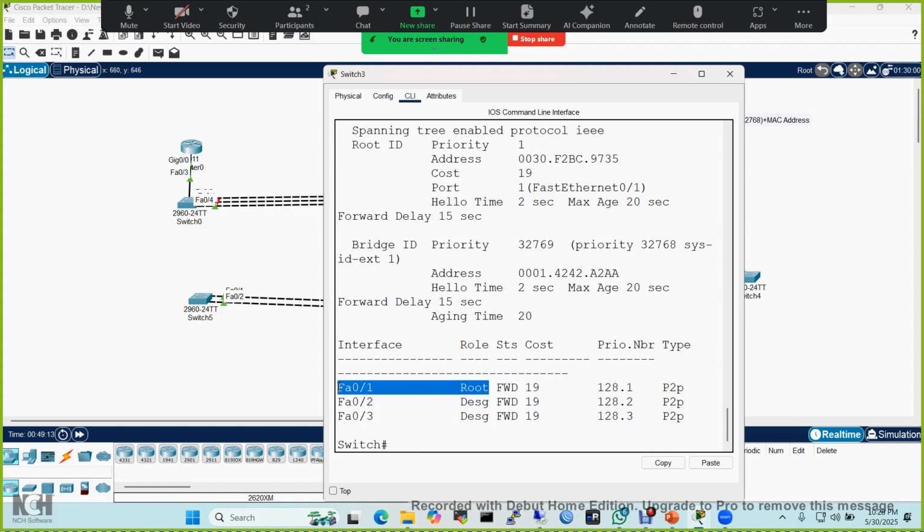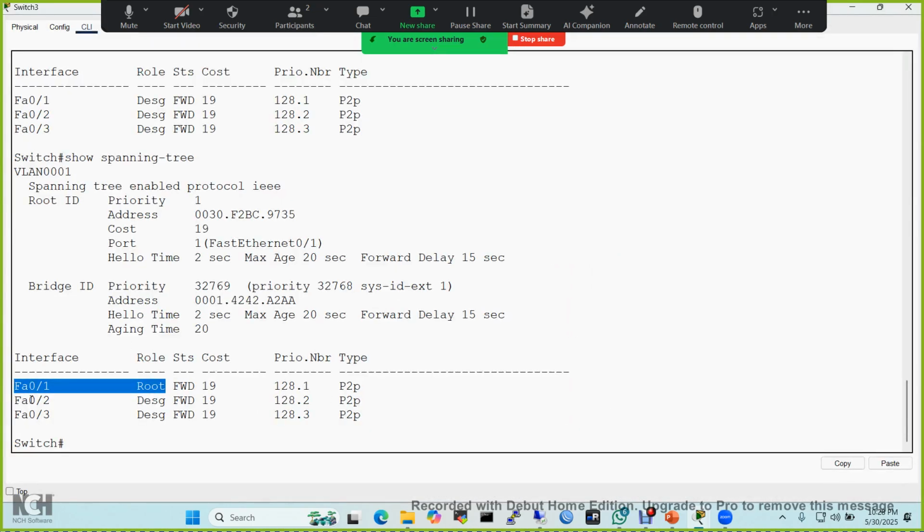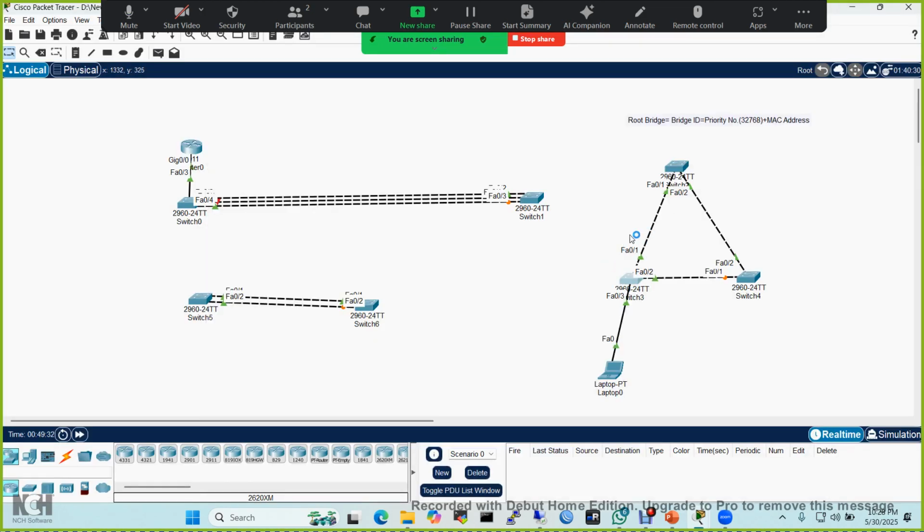Which one? FastEthernet 0/1. Can you maximize it, please? This port is the root role, isn't it? And the port number is F0/1. Which one? This one, isn't it? Yes.